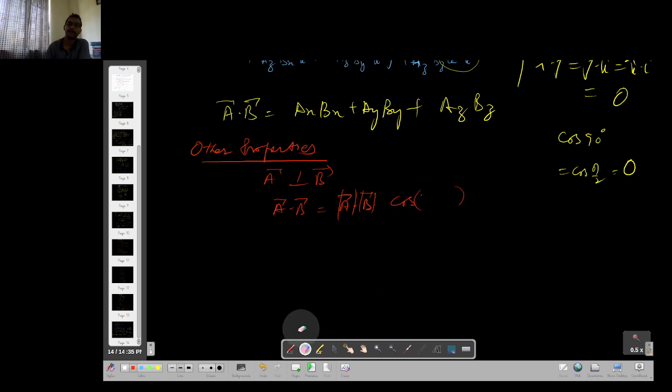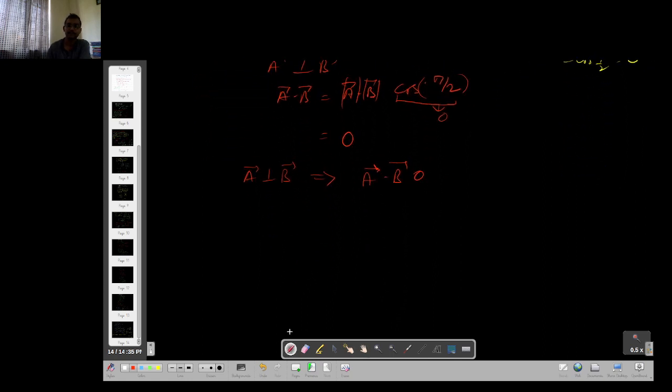Sometimes it's written as pi over 2. So cos of pi by 2 is always 0, so that means two vectors are said to be perpendicular if their dot product is always 0, right?